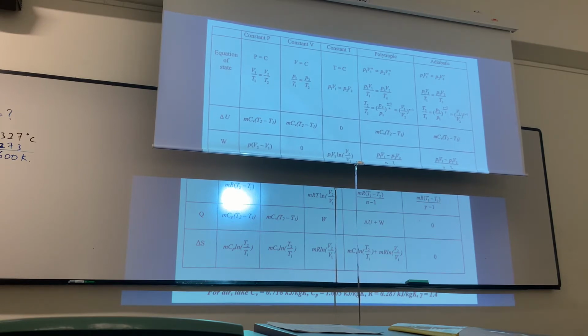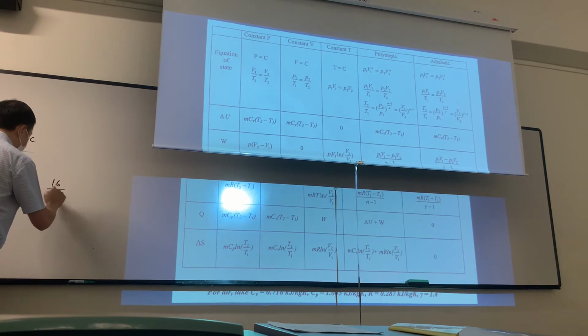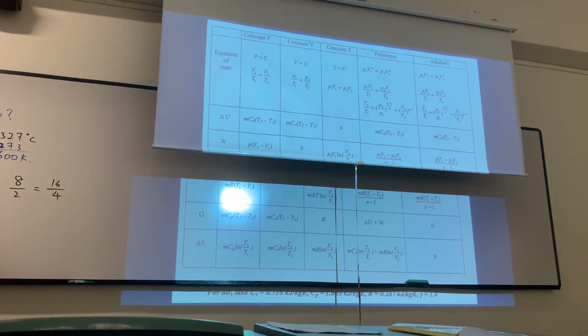Why multiply? Simple. If you cannot understand this, just remember this concept. 8 divided by 2 is equal to 16 divided by 4. Correct? So I shift my 4 to the left side.